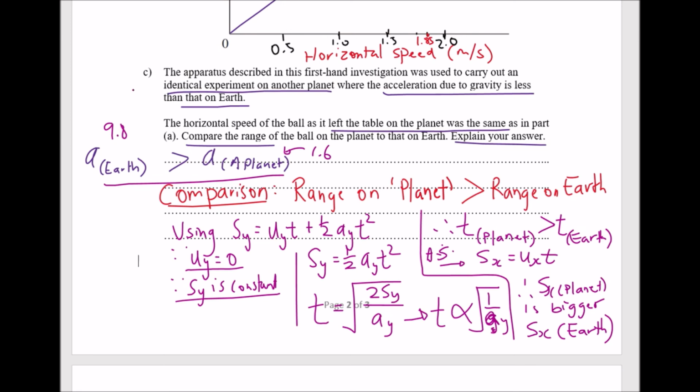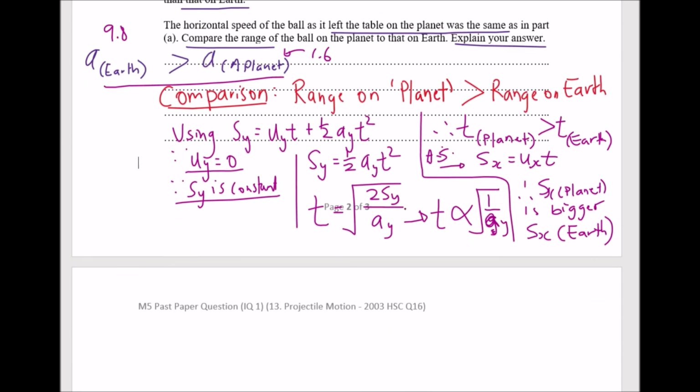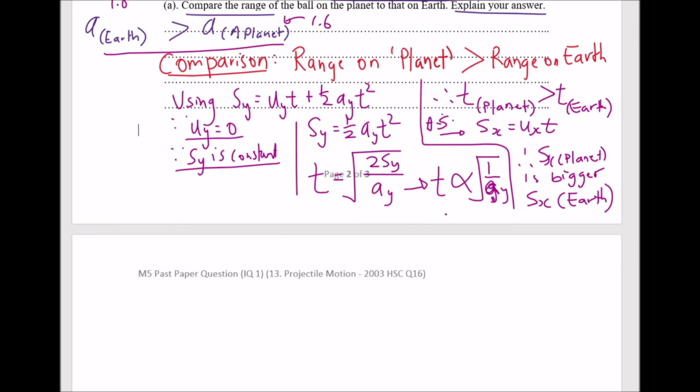So just to finish off, perhaps I'll do a little comparison with the numbers. So let's do that quickly. For time, you have 1 over 9.8, because that's the acceleration due to gravity on Earth, and we have a time of roughly 0.319 seconds.